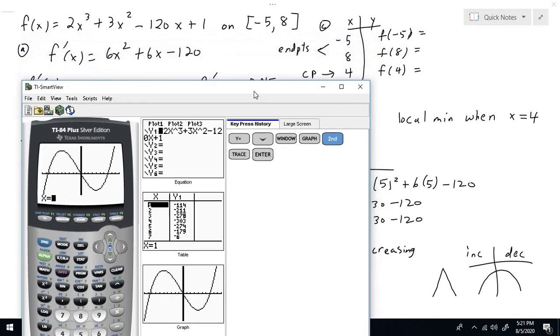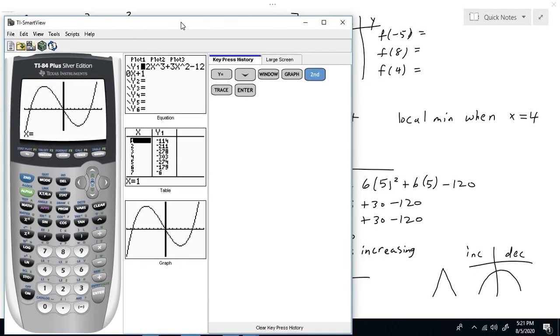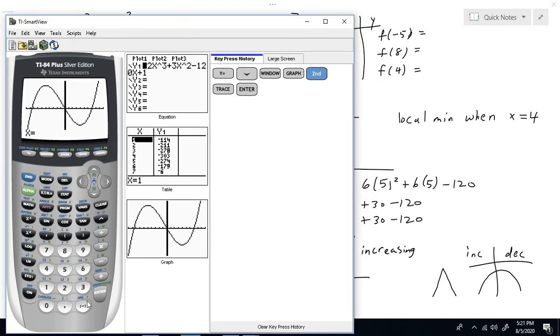It prompts you for the x value. So I'm just going to enter in each of these x values. Let's start with -5. Now be careful, don't use the subtraction button, use the negative button. So -5, and just enter that in, press enter. And it gives you the corresponding y value.